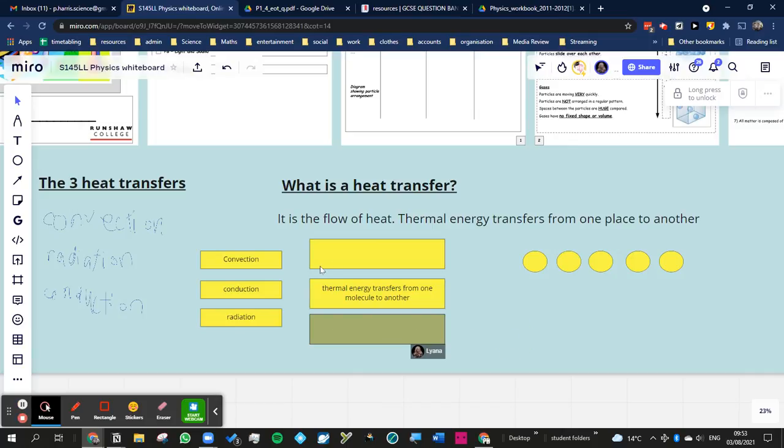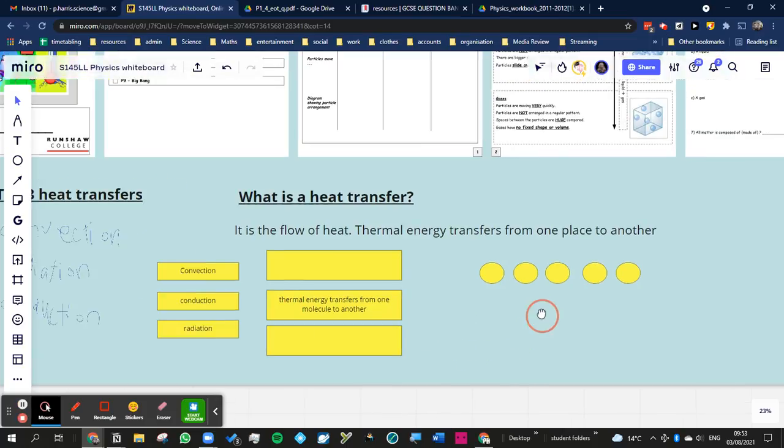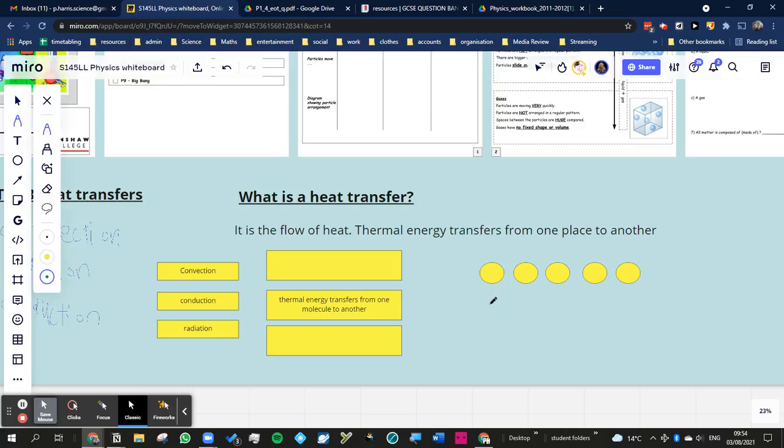Trying to understand the difference between convection, conduction, and radiation. Let's imagine a very simplified five particles, and imagine I gave this particle on the left some energy. So perhaps these are particles in a block of iron, or maybe a block of anything, a solid anyway.